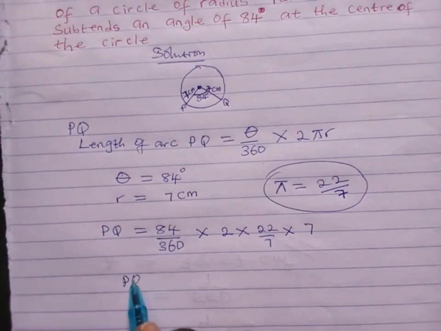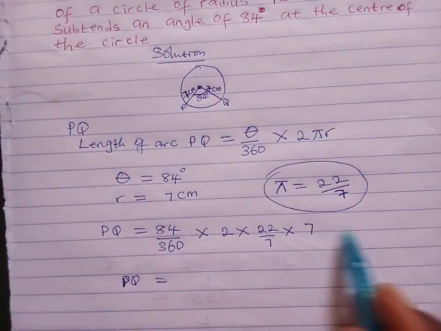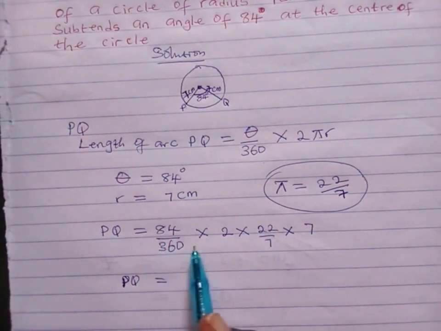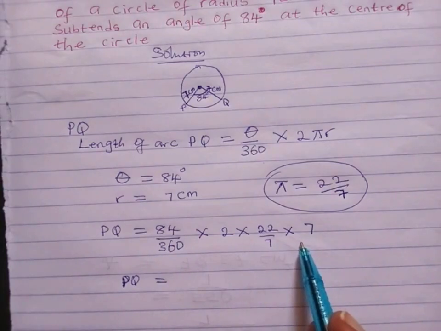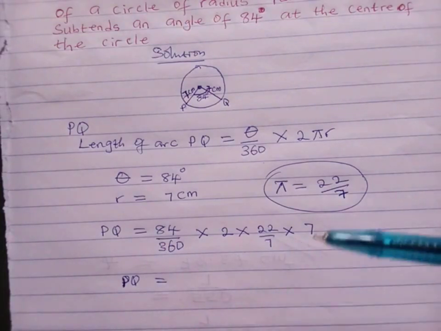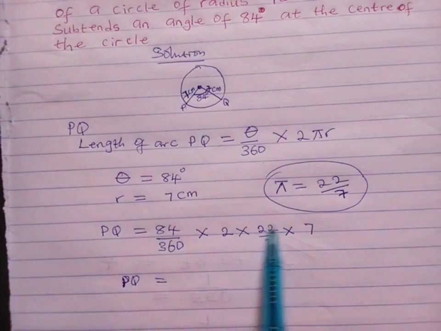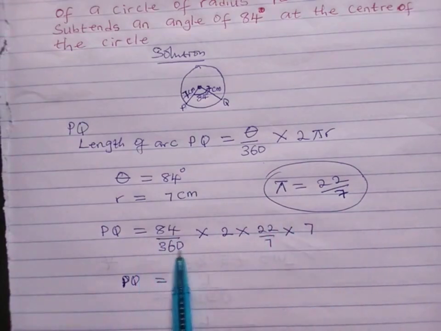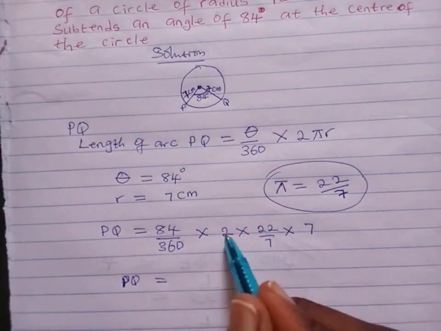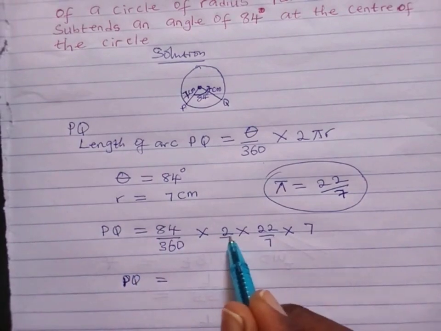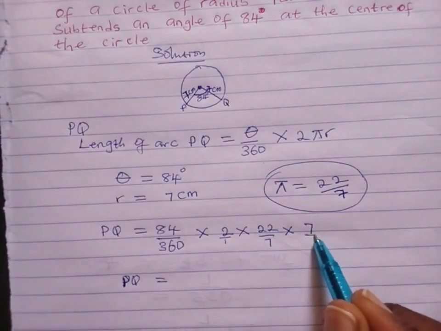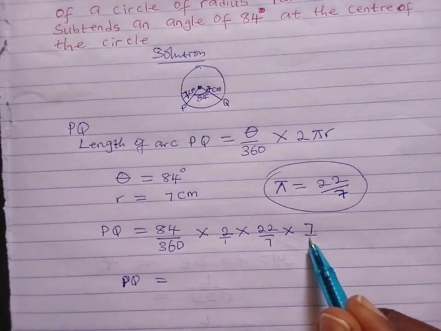that PQ is equal to, now we can multiply out the numerators, multiply out the denominators. Whenever you're multiplying fractions, multiply out the numerators, multiply out all the denominators together. Of course, we know that this 2 has a denominator of 1 and this 7 has a denominator of 1.